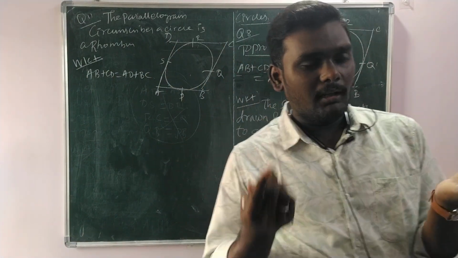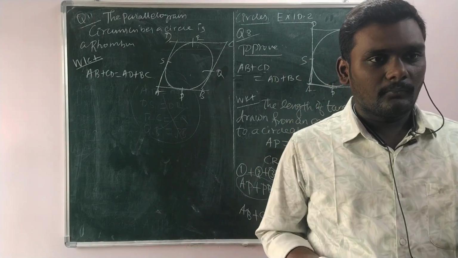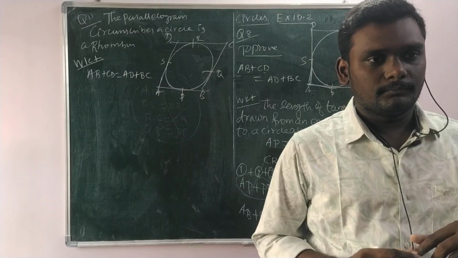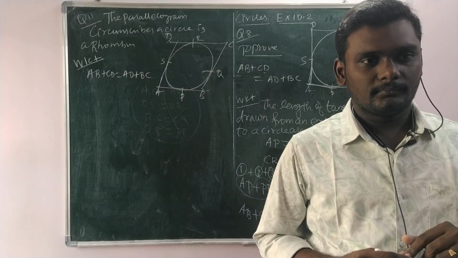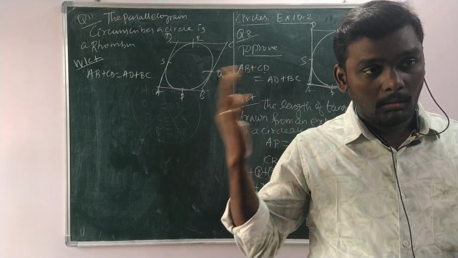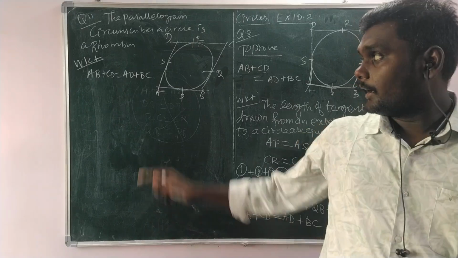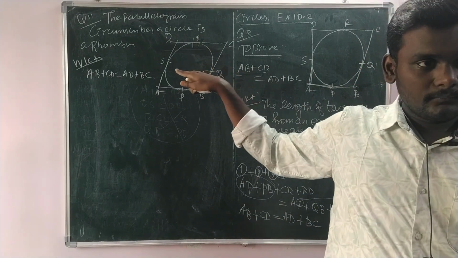What is the difference between a parallelogram and a rhombus? In a parallelogram, opposite sides are equal, whereas in a rhombus, all the sides are equal. So it is enough to prove that here, opposite sides are already equal.